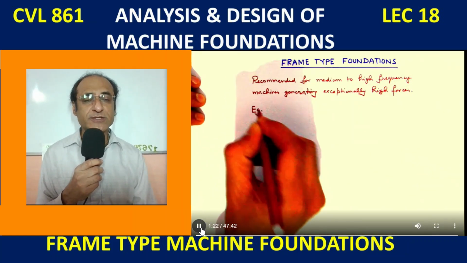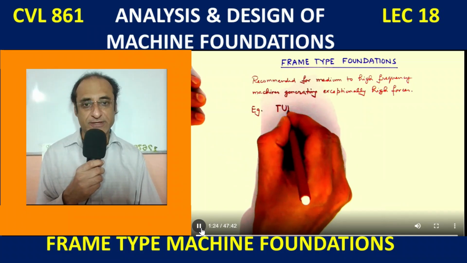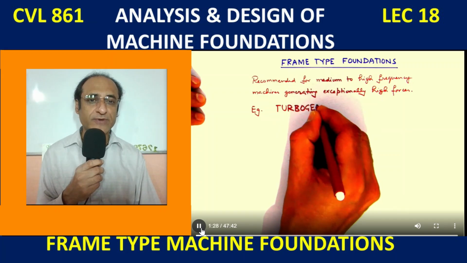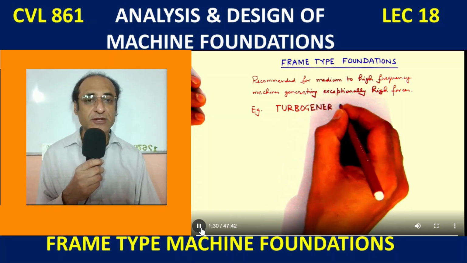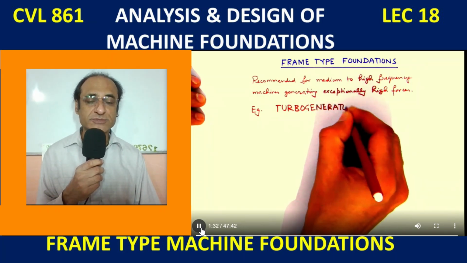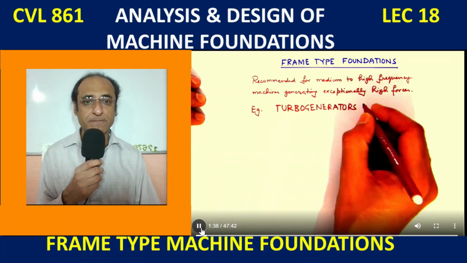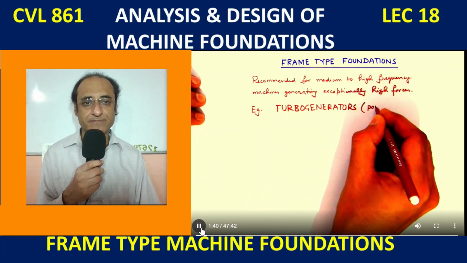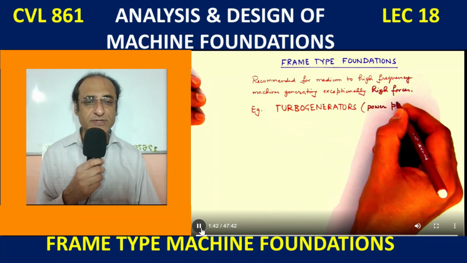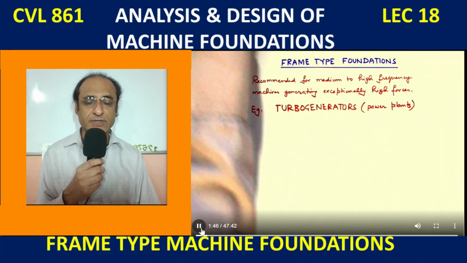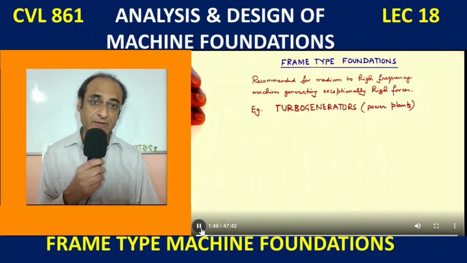The only difference is that these are extremely heavy. If you find the member sizes, you will find that they are very large: columns, beams, slabs, and also the foundations. Typically they have raft type of foundations below. Most of these turbo generators in power plants are resting on these frame type foundations.